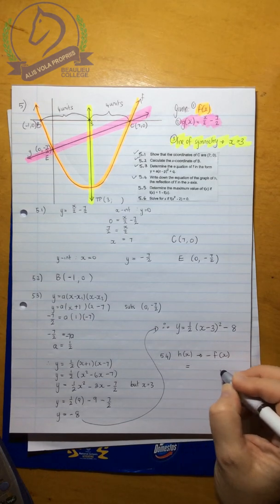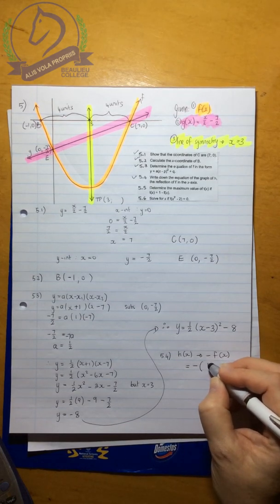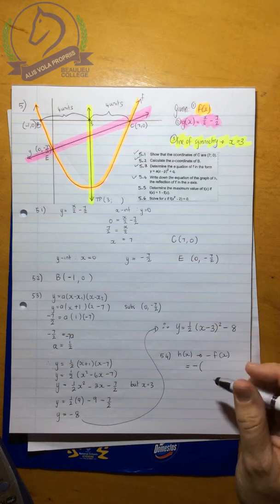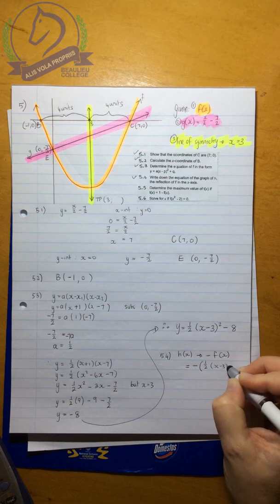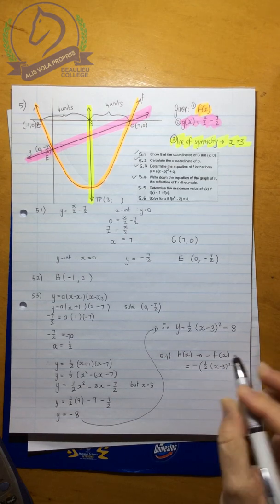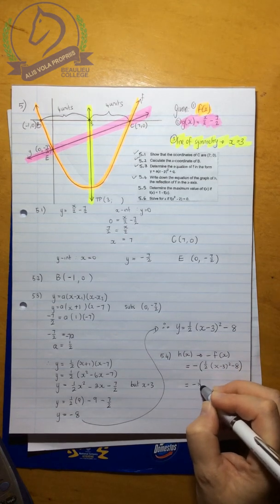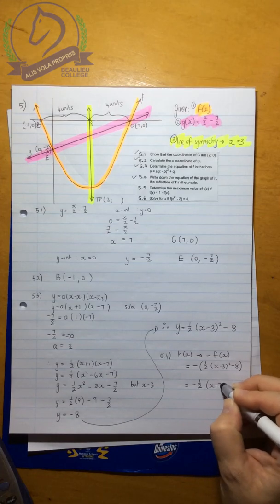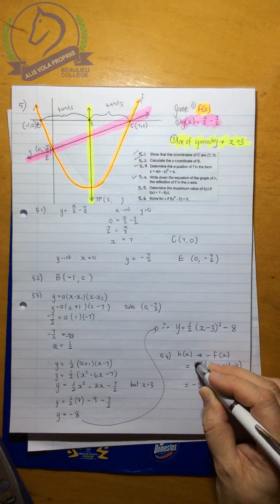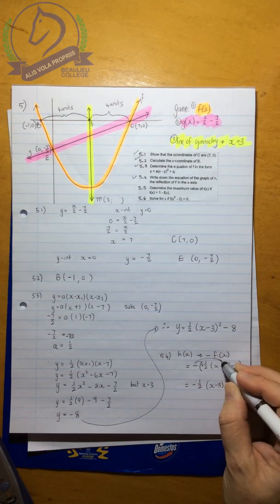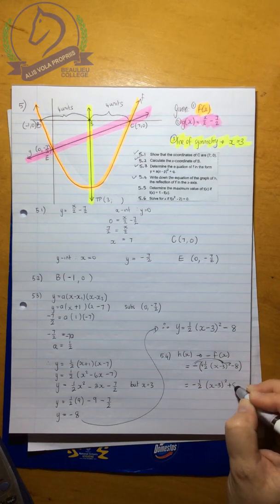So it's going to be minus times, I can use either one, a half times x minus 3 squared minus 8. So I can have minus a half x minus 3 squared, and the minus distributes there and there, plus 8.